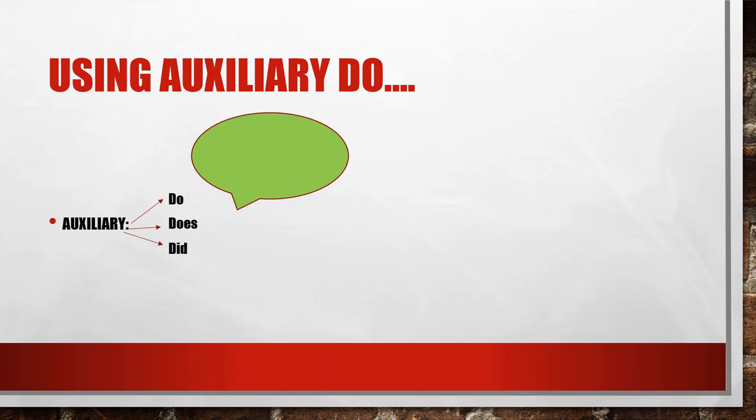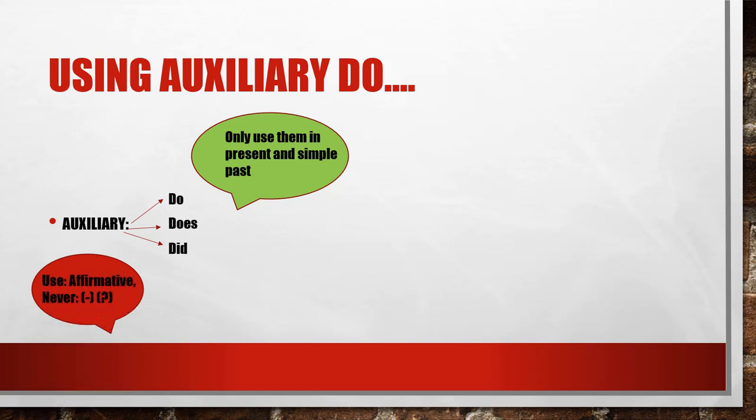Every time, please use the auxiliary to give emphasis, okay? We only use them in present and past simple, with three common uses. We always use it in affirmative form and never in negative or questions.